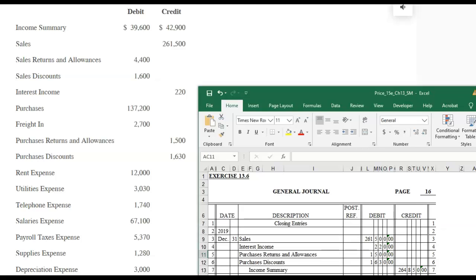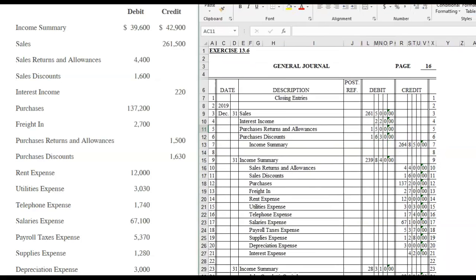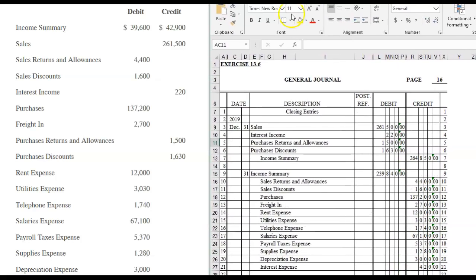Now we do the opposite for the expenses. Part of the expenses are these. So you have to leave income summary blank to get all these added up. Sales returns and allowances, sales discounts, purchases.